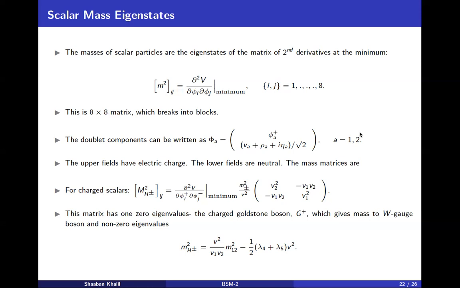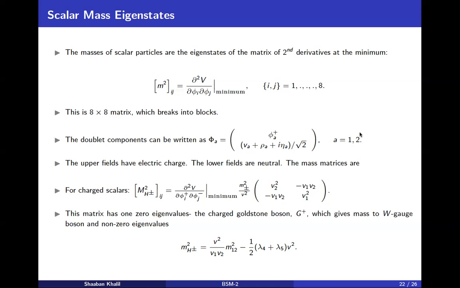Now, for the charged Higgs, you have the variation of the potential with respect to phi_i plus and phi_j minus, and you get this potential after you substitute with the minima, which you obtained from the two conditions we said.